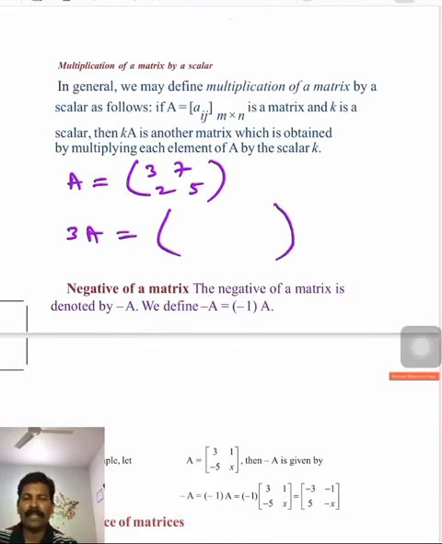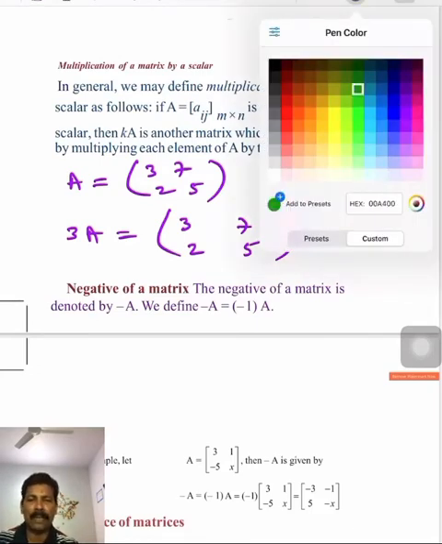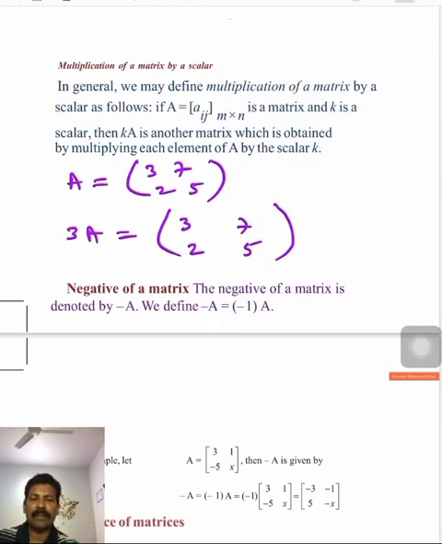Now, how to find 3A? I told you, multiplication of a matrix by a scalar means we have to multiply each and every element of the given matrix by the desired scalar 3. So we have to multiply 3 by 3, 7 by 3, 2 by 3, 5 by 3.